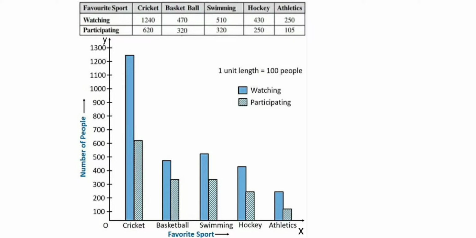Using this table we will draw a bar graph. On the x-axis sports are taken and on the y-axis the number of people with a gap of 100. And since it is a double bar graph, we will use two sets, one solid, the other lined.